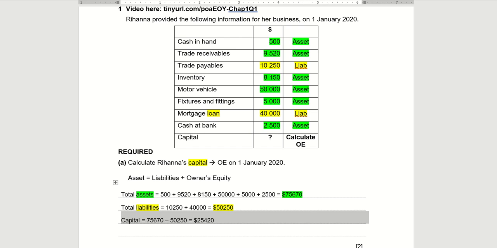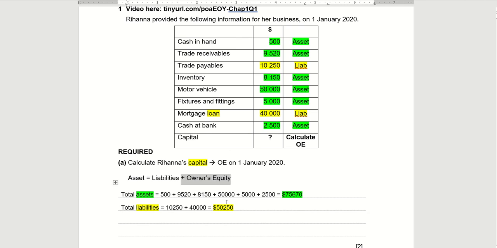Now I know that asset equals liability plus owner's equity, so I want to find my owner's equity. In order to find it, I have to minus liability from my equation, and from the other side, asset also must minus liability.